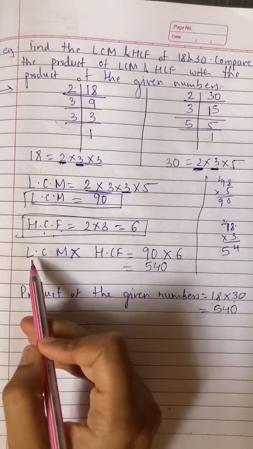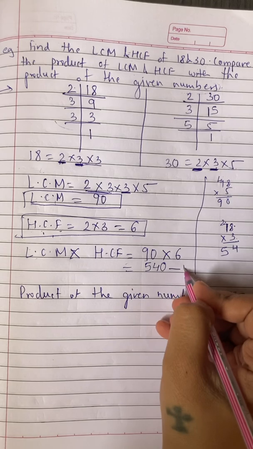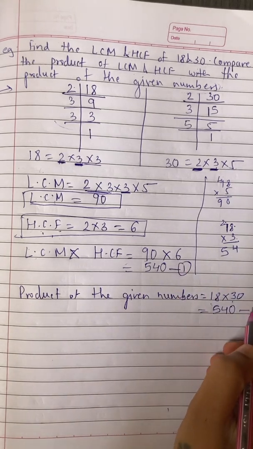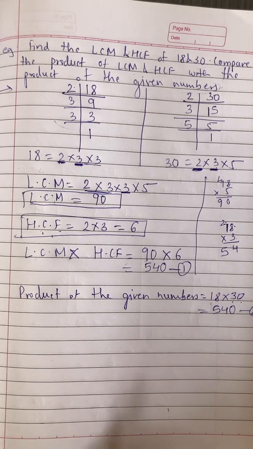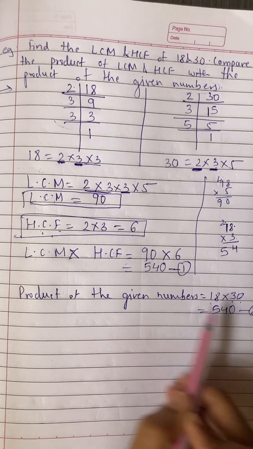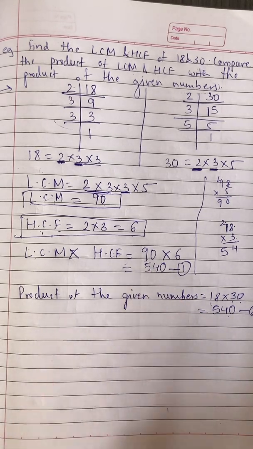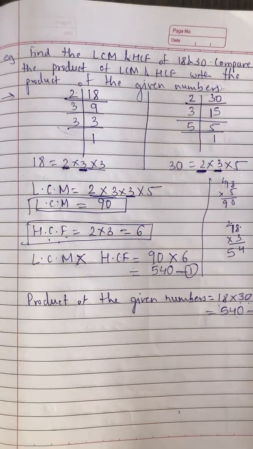Now if you see, LCM and HCF product we have taken. If I give here equation 1, and the product of the two numbers which were given in the question, if I give equation number 2, from equation 1 and 2 what do we find out? Both the answers are equal, 540 and 540. So which formula here we will get? I'll write in a different pen.